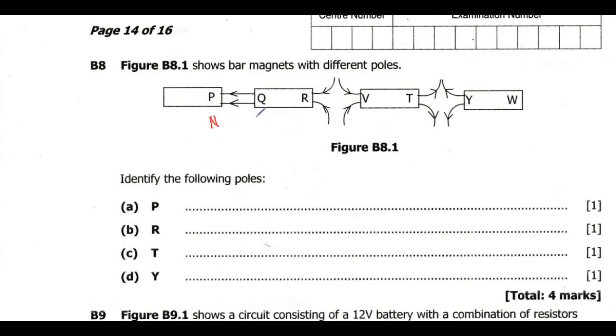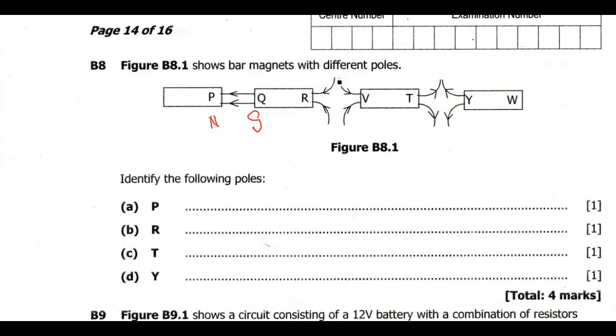Another way we can use is the magnetic flux moves from north to south, like they come from north to south. So these lines represent the flux, so they're coming from north to south. So let us change this to be the other way around.